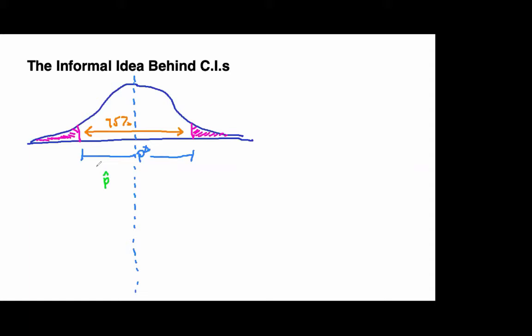Now I'm going to take this interval length here, and if I add that length to both sides of my proportion, my sample estimate may not have been P star, but this new interval captures P star. I might have a P hat over here, and again, if I add the interval estimate to it, I capture the value.